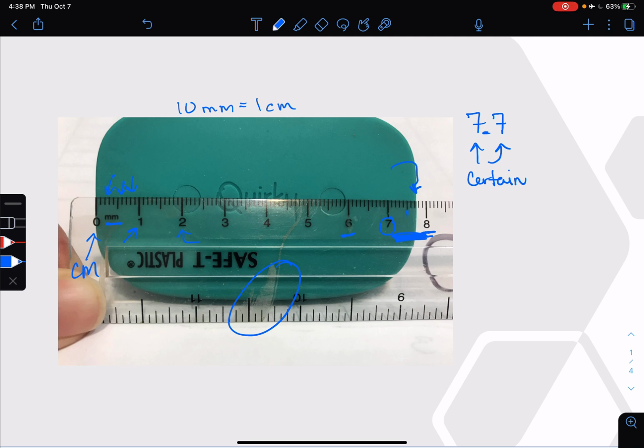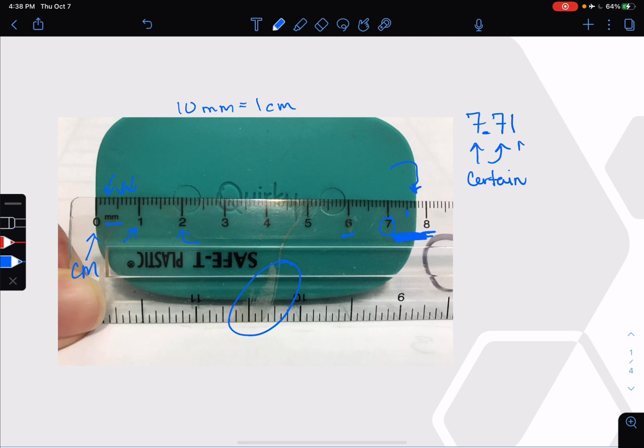Now, what we need to do that most students don't want to do when we measure things in chemistry is we need to go ahead and then make a guess. Okay, so if we're looking at this, we might say, that looks like it goes slightly past 7.7. So let me go ahead and call that 7.71. Your lab partner might come by and say, oh, no, that looks like it's 7.72.